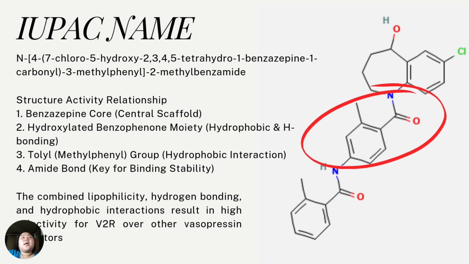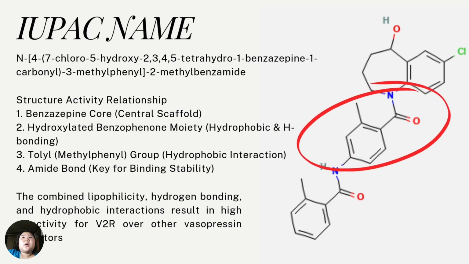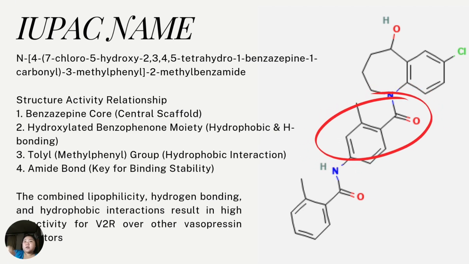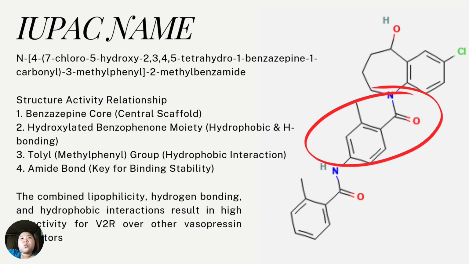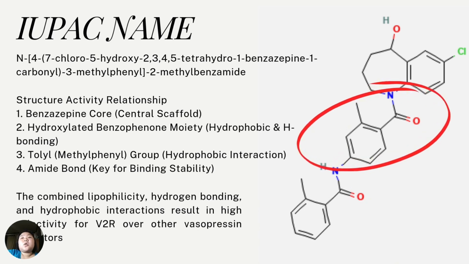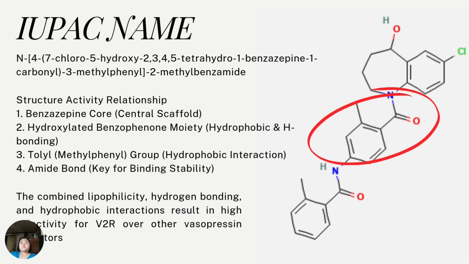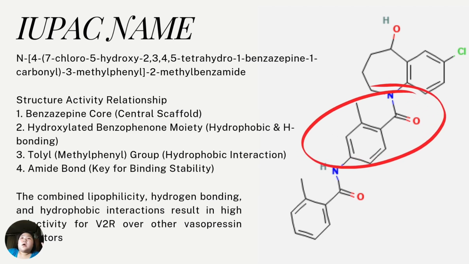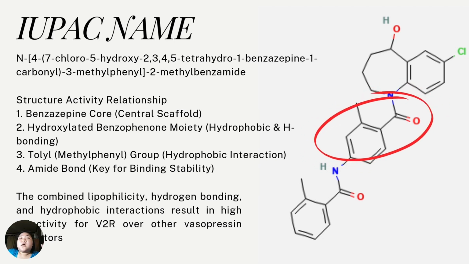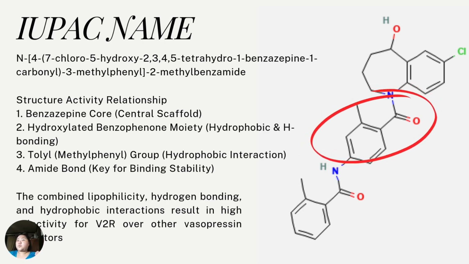Moving forward, we have the hydroxylated benzophenone moiety, which is important for hydrophobic and hydrogen bonding. The benzophenone, or diphenyl ketone: you'll notice the ketone near this double bond, and we also see the diphenyl group, which enhances hydrophobic interactions with the receptor.